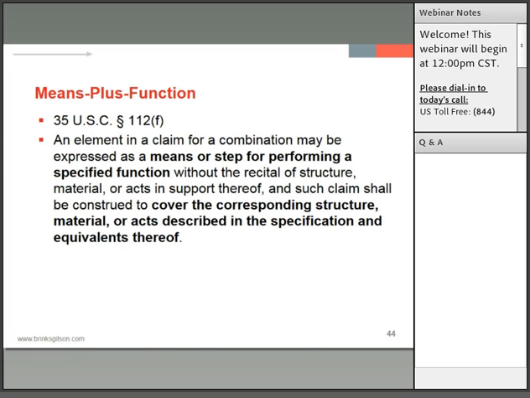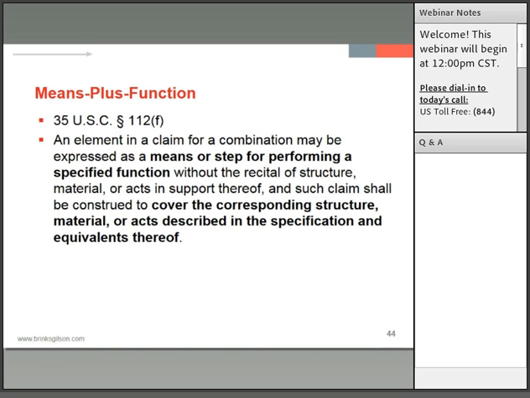And it says that an element in a claim for a combination may be expressed as a means or a step for performing a specified function. And if that's the case, the claim scope doesn't cover anything that could be a means, but it only covers the corresponding structure, material, or acts described in the specification and equivalents thereof. So only those examples given in the specification.